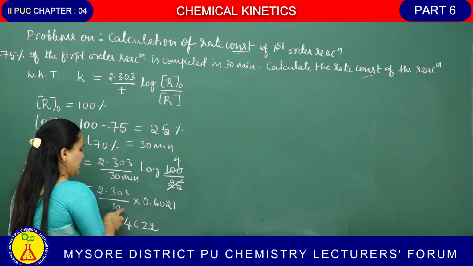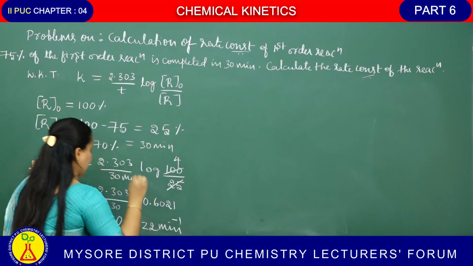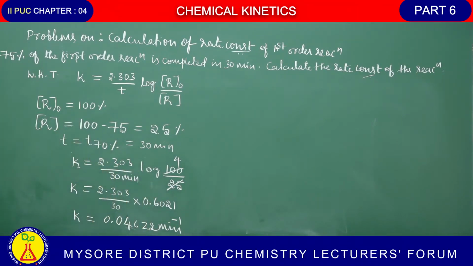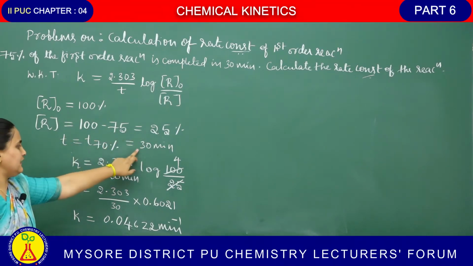Here minute will be in the denominator, so it goes per minute. 0.0462 is the final answer. Again, R naught is how much? 100%. R is how much? 100 minus 75, we get 25%. t is 30 minutes.